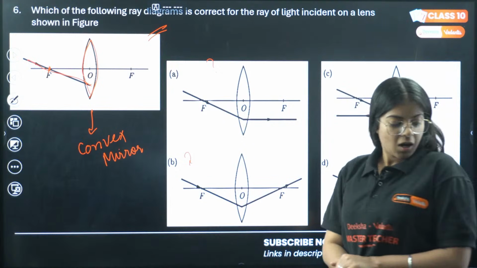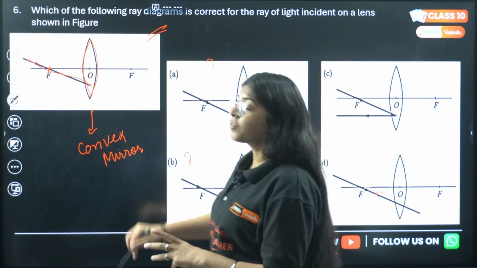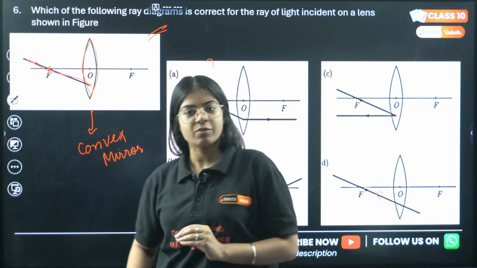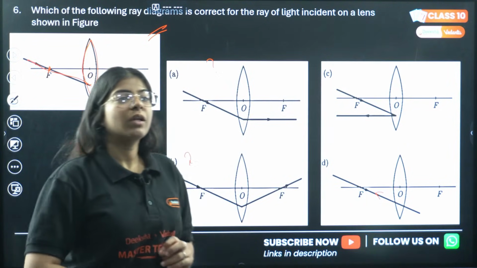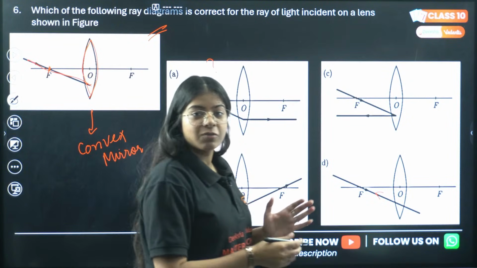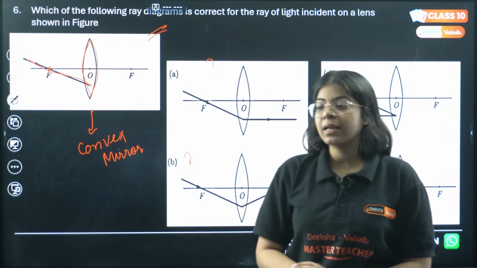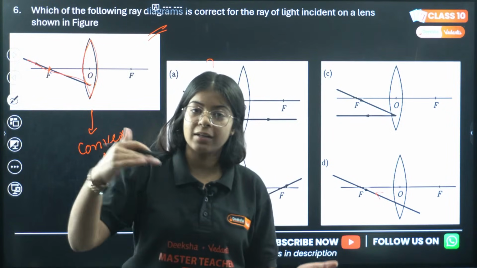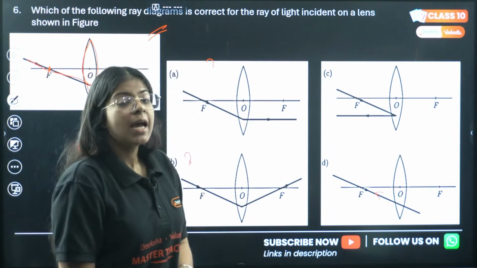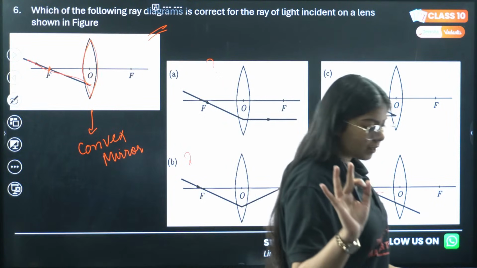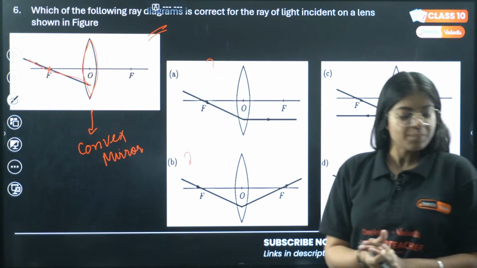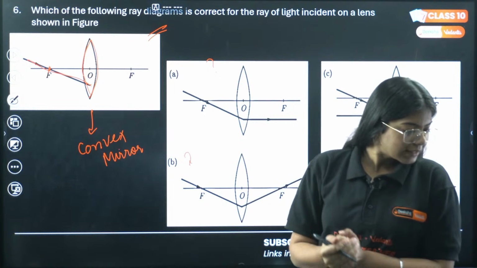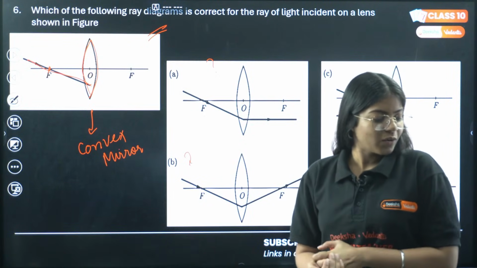Okay, in the case of a convex lens, there are some rules we studied, right? Whenever the ray is coming parallel, it will pass through the focus. Whenever it passes through the optical center, it won't refract and goes straight. Correct? So the same rules we studied. Third rule. Abhimanyu also said A. Very good. Radhe said A now. Okay.